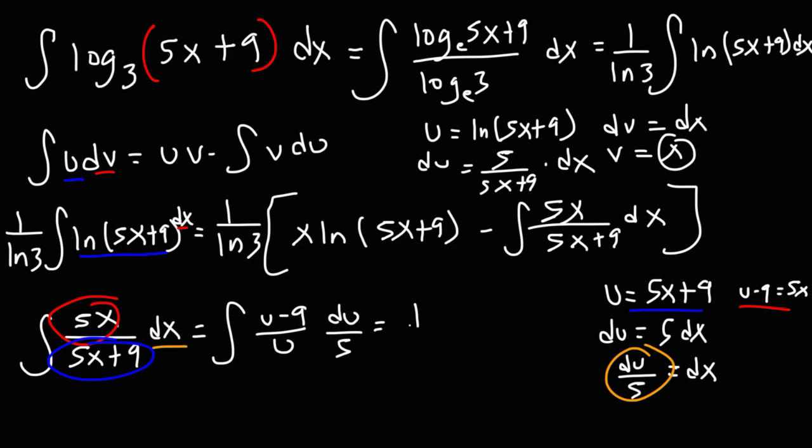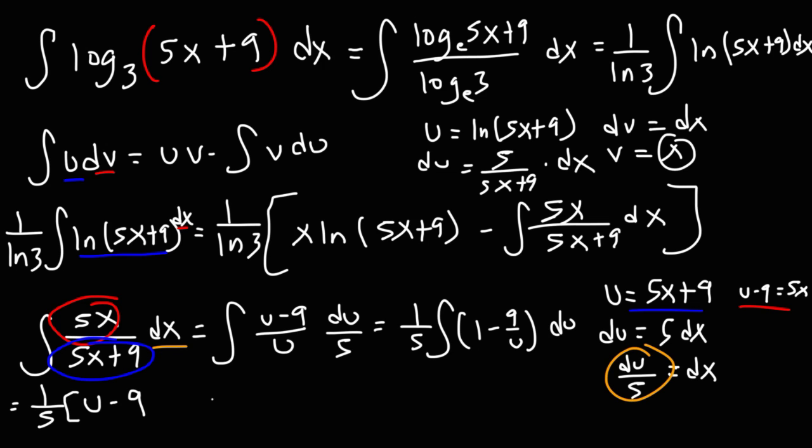So this becomes 1 over 5 integral u divided by u is 1, and then minus 9 over u, and then du. So this becomes 1 over 5. The antiderivative of 1 is going to be u, and then minus 9. This is 9 times 1 over u. The integral of 1 over u is ln.